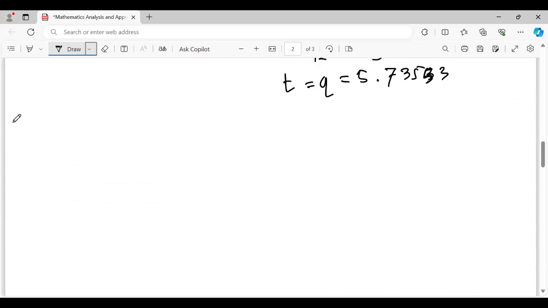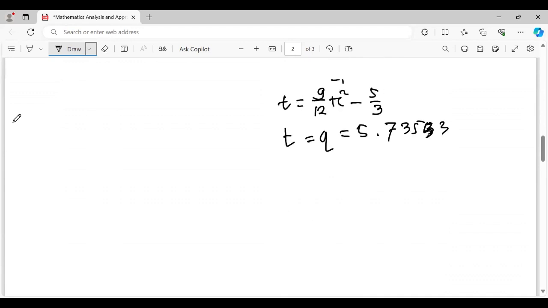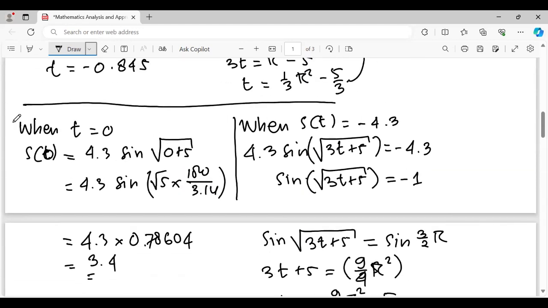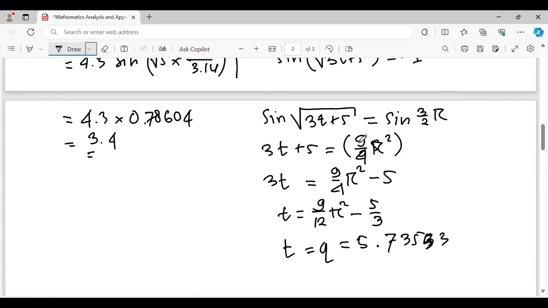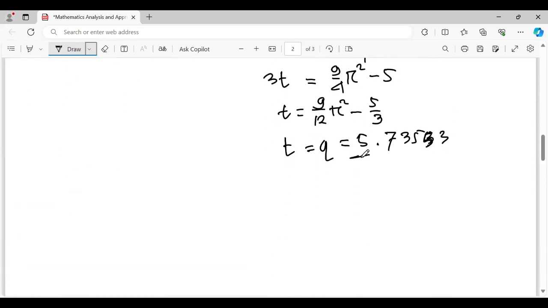Already. So this one, now part A, this is the answer. And now part B. Part B, we're going to find the total distance.